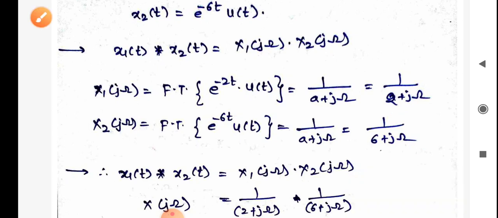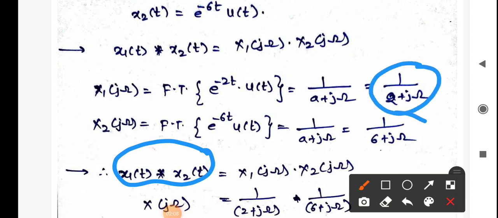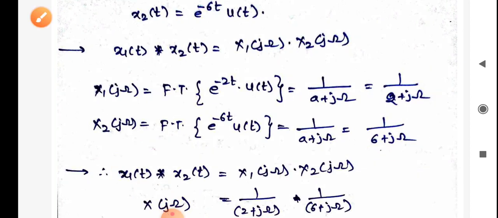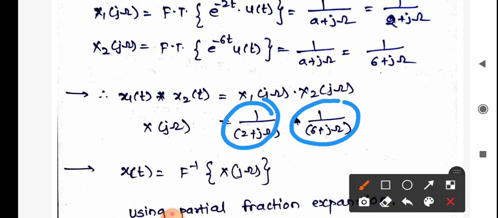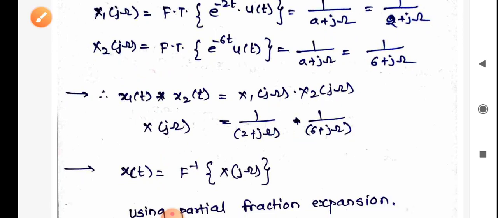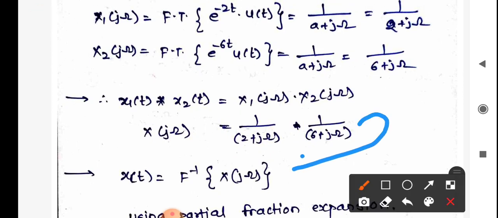What is my answer now? My answer of the convolution of these two signals is nothing but the multiplication of these two factors, right? So I am multiplying this factor with this one. But actually this is not the answer. Ultimately, I am required to convert this finally into the time domain.